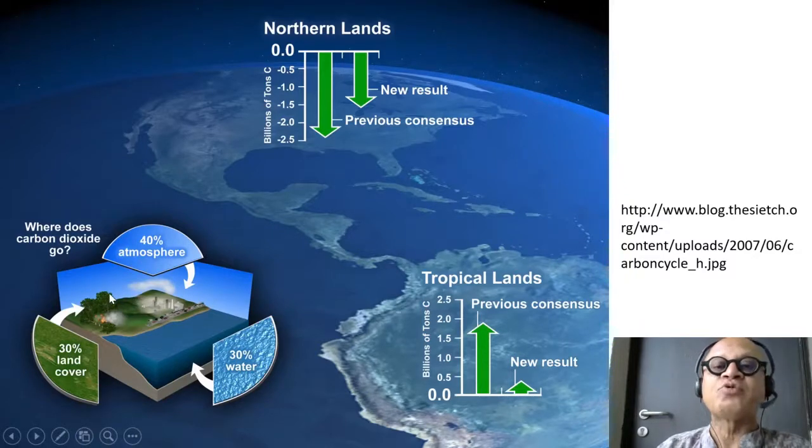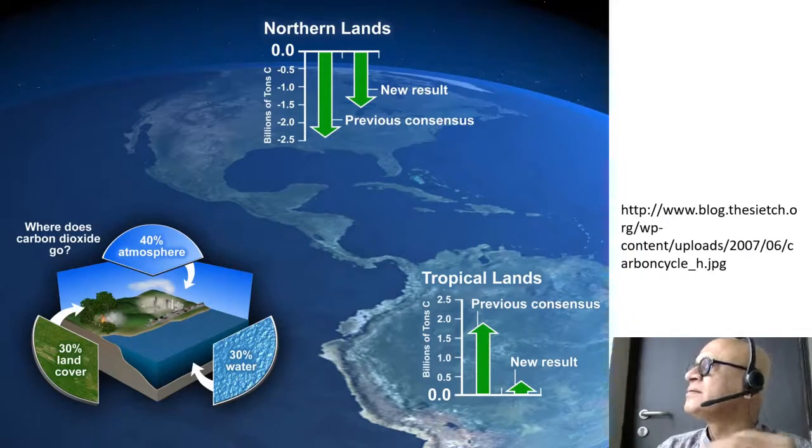Right now we are up to about 40 to 50 billion tons of CO2 per year, as we will see later on. 30% is estimated to go into land cover, and 30% is going into the ocean.